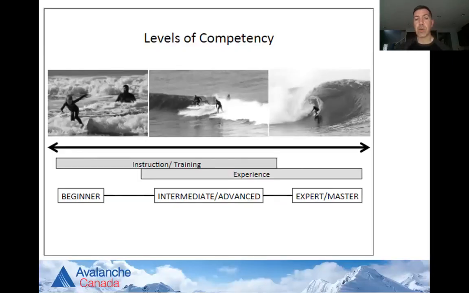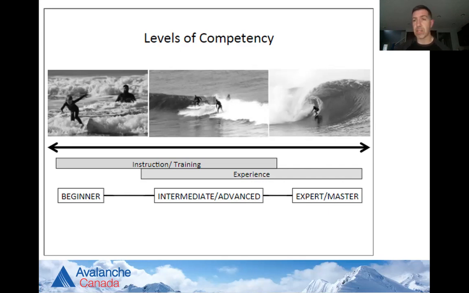So, quickly look at levels of competency. When you're a beginner and you're first heading out into the backcountry, surfing's a perfect example here, but for us, ski touring, you do need more instruction and training to complement your learning. Then as you start to build on that, you get more avalanche education, so your AST1 course, AST2 course, which I definitely recommend.